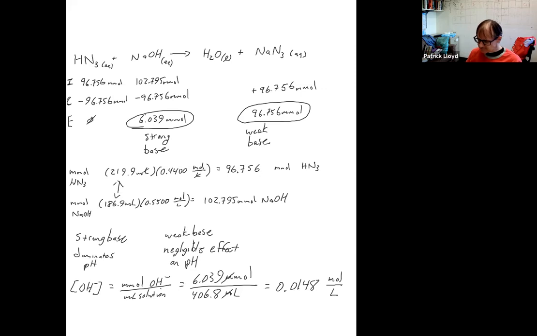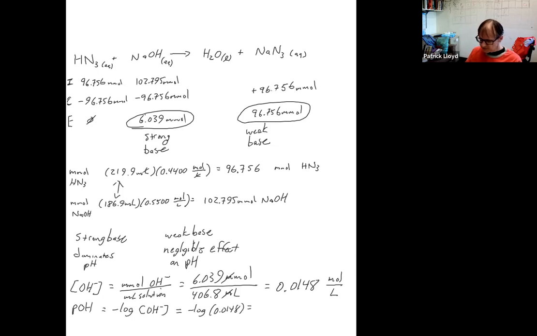Isn't that interesting? Okay. So now we've got the concentration. So let's calculate pOH. See how all this stuff from chapter 16 keeps coming back? pOH is minus the log of the concentration of hydroxide. So minus the log of 0.0148.